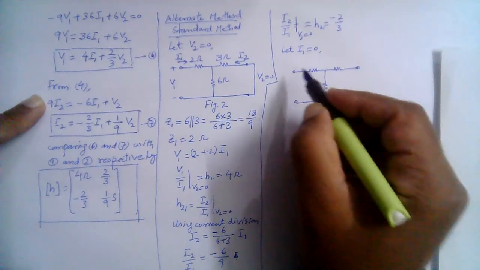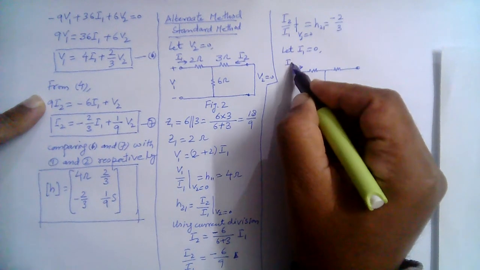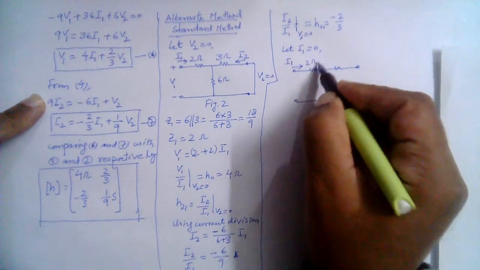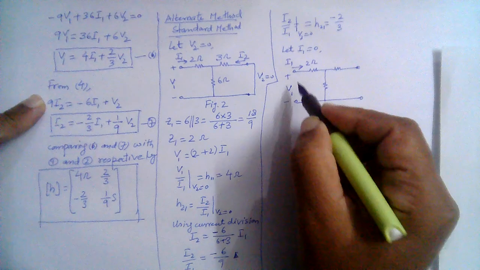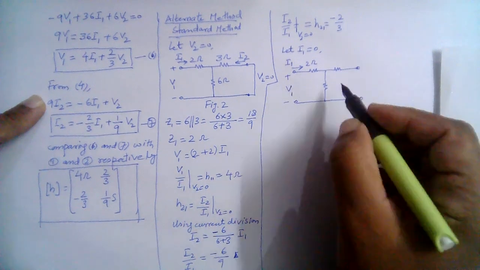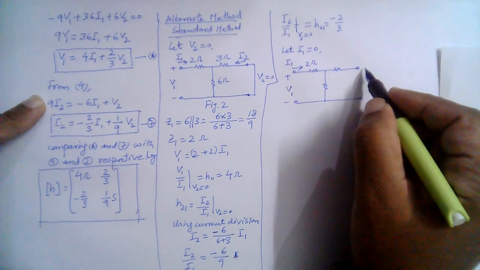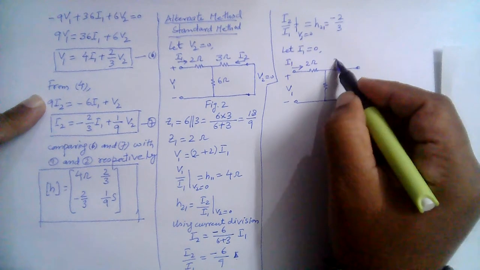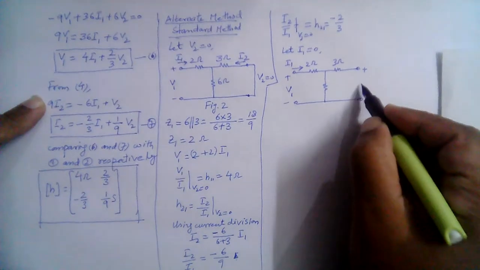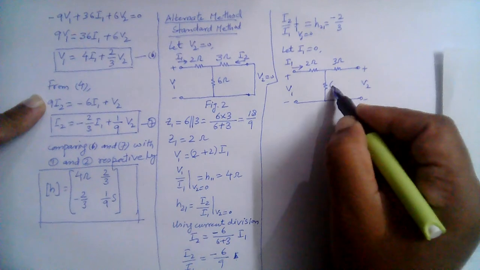This is I1, 2 ohm. This is V1. This is open, right? This is open circuit, and there is a voltage source here. And this is 3 ohm. This is V2, and this is 6 ohm.